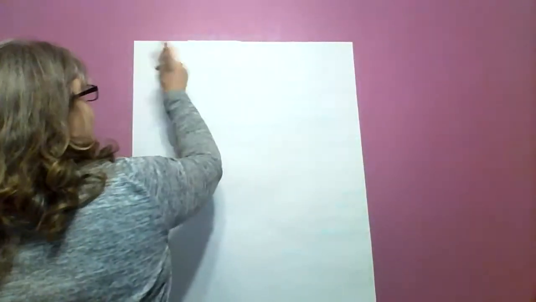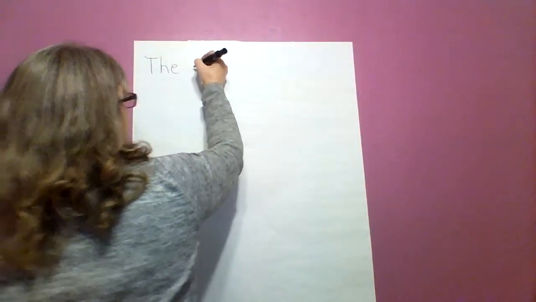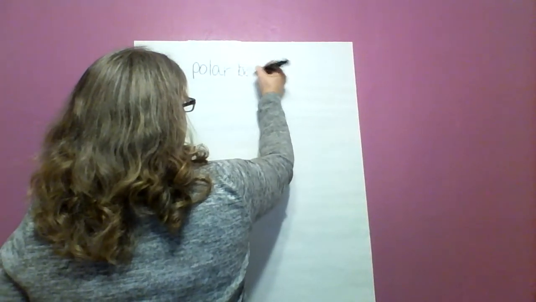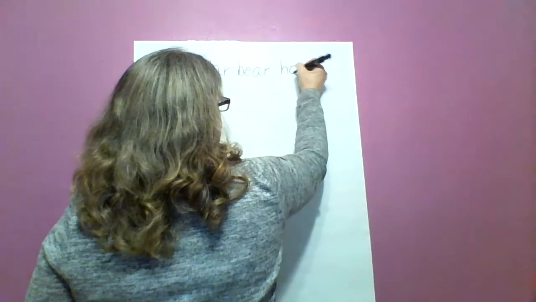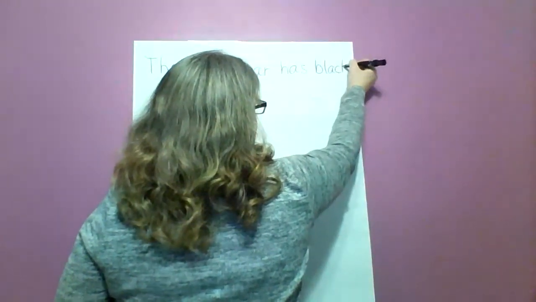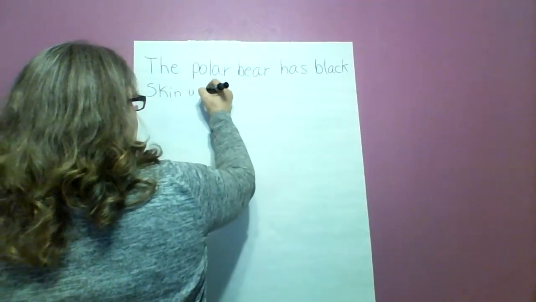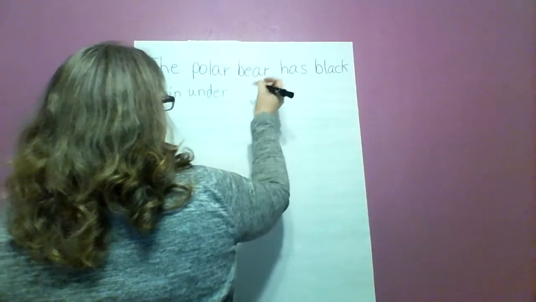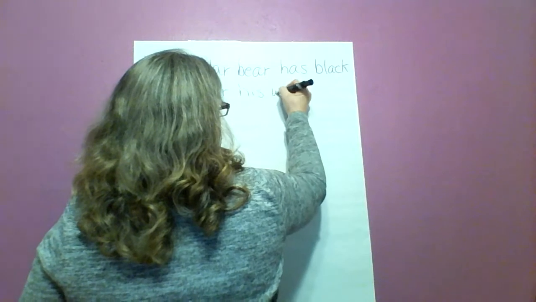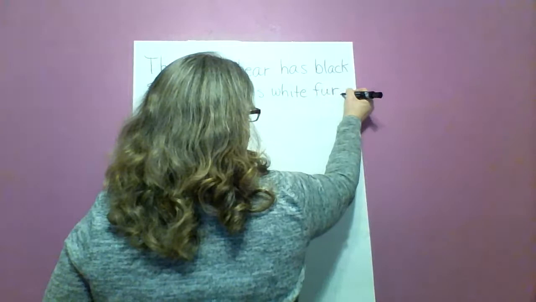So I'm going to start on the left, and I'm going to write. The polar bear has black skin under his white fur.